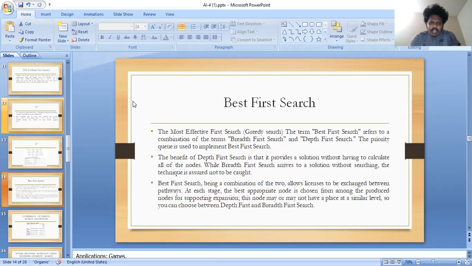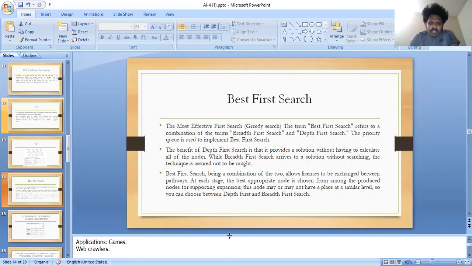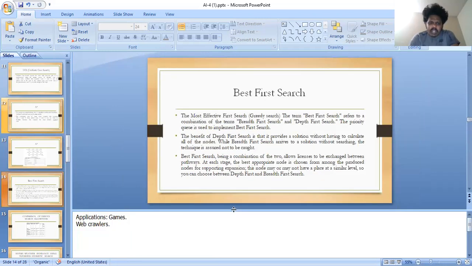The benefit of depth first search is that it provides a solution without calculating the nodes, while breadth first search arrives at a solution without searching the techniques. Best first search is a combination of the two, allowing switching between pathways, so you can choose between depth first search and breadth first search.